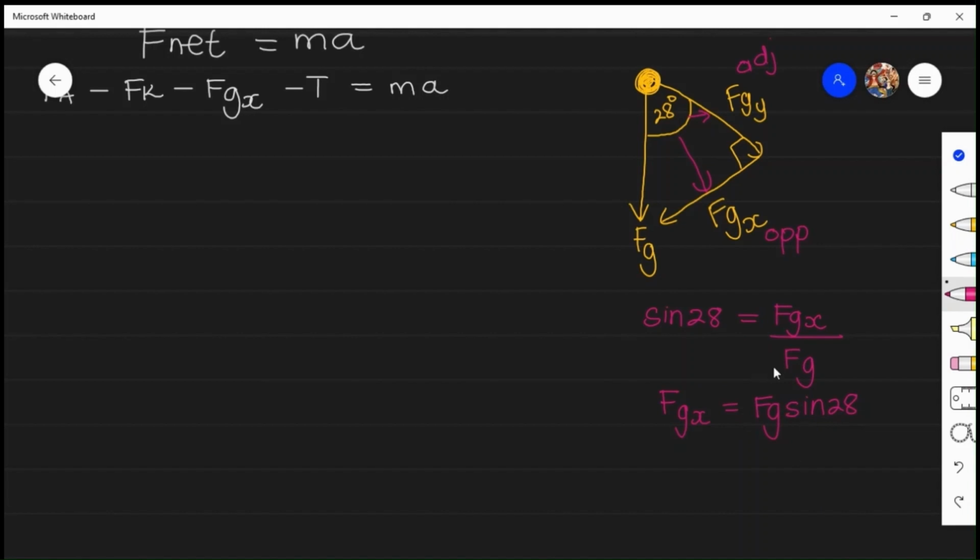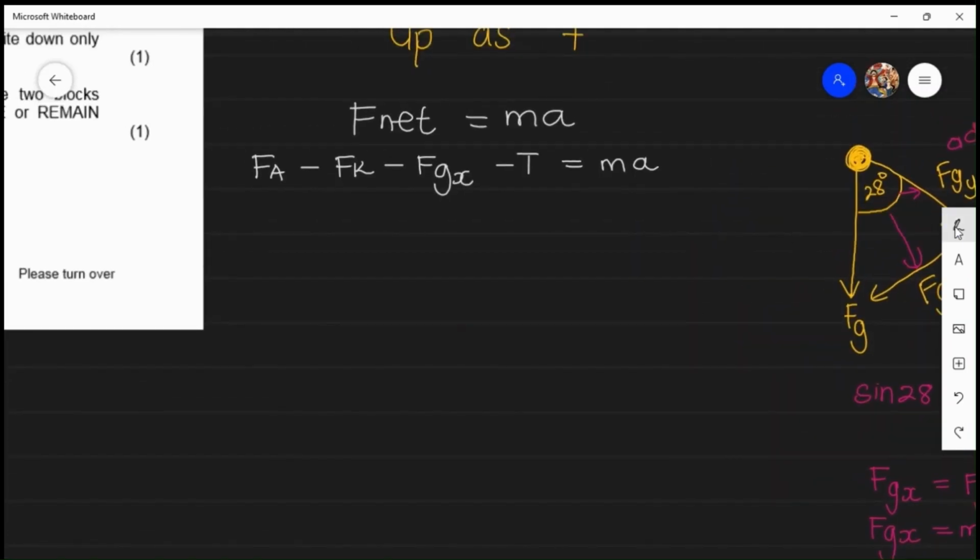Now we know that Fg, our gravitational force, is equal to the mass times the gravitational acceleration of our object. So we can further break up this formula into mg sine 28. And that is what we are going to use in our formula. So let us substitute that in.